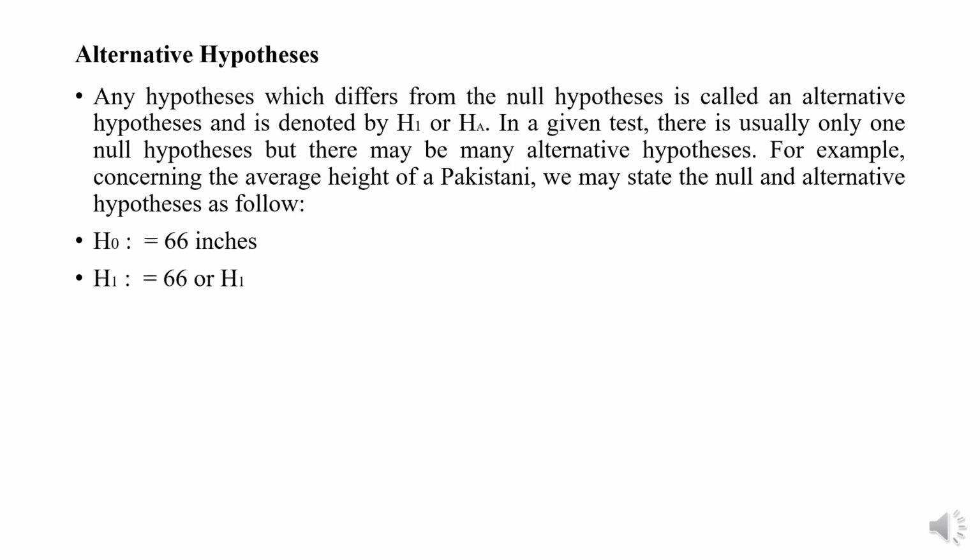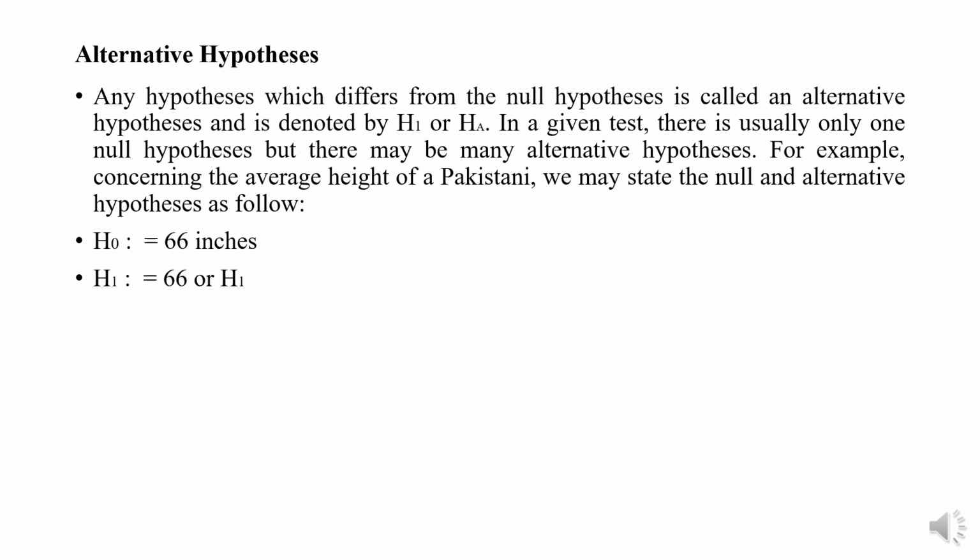Now we discuss the second, which is alternative hypothesis. So what is alternative hypothesis? Any hypothesis which differs from the null hypothesis is called an alternative hypothesis and is denoted by H1 or HA.